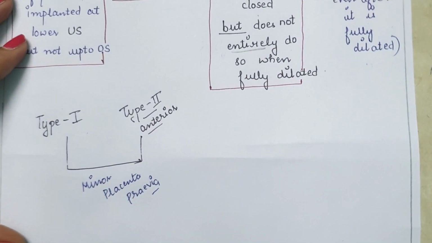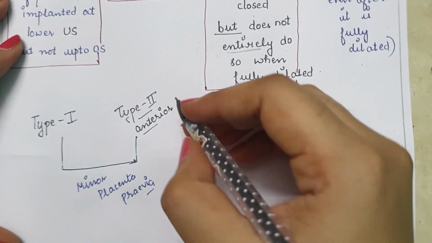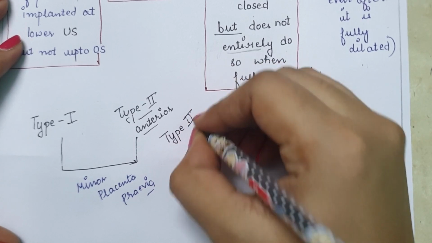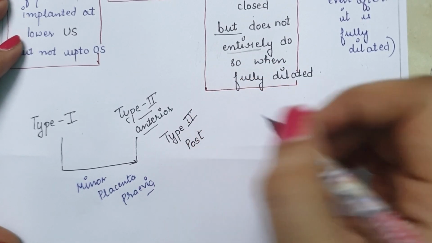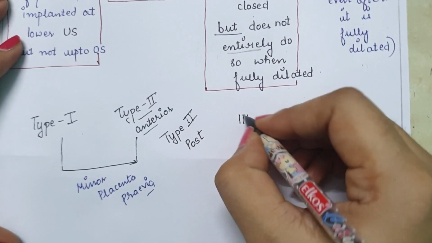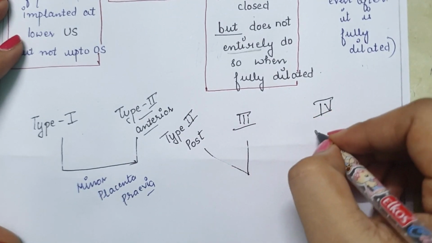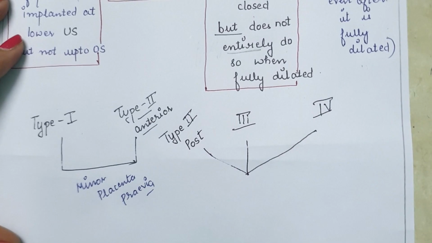While the type 2 posterior, type 3 and type 4 are considered as the major placenta previa.